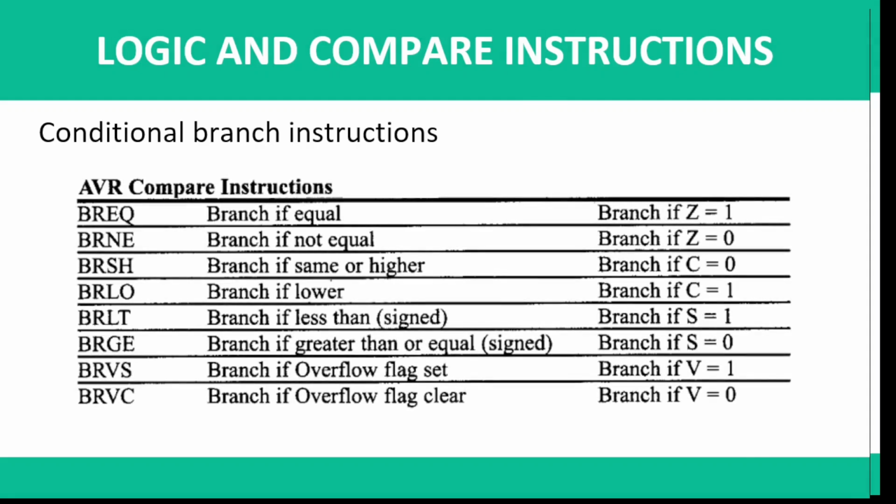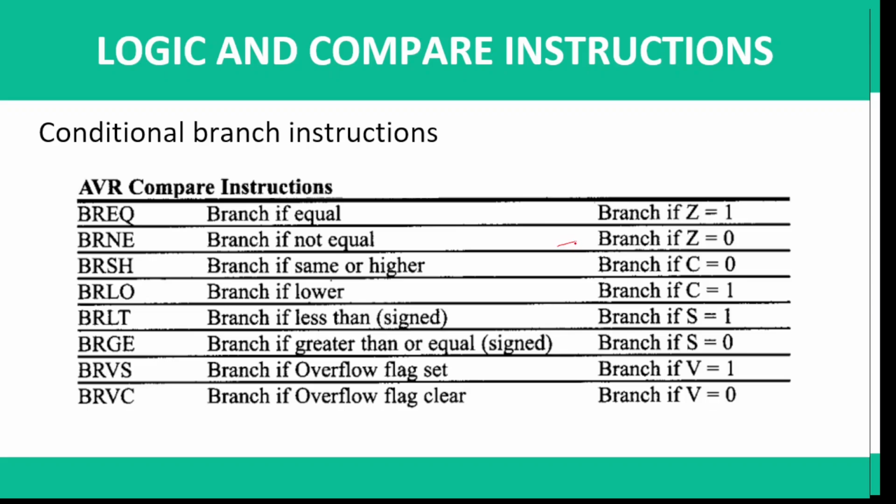So for the BREQ, meaning branch if equal, our Z flag is equal to 1, and BRNE if our Z is equal to 0, meaning our output is not equal to 0.